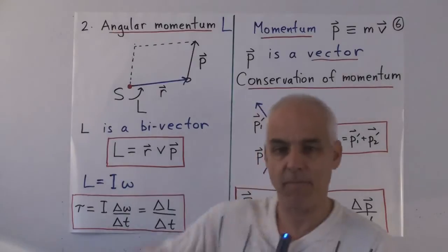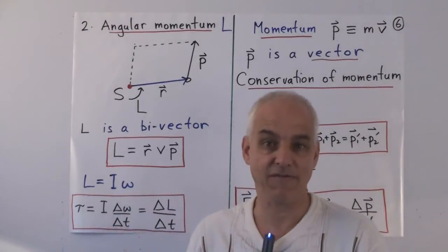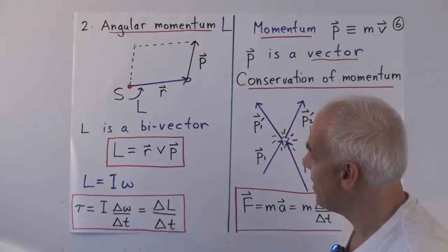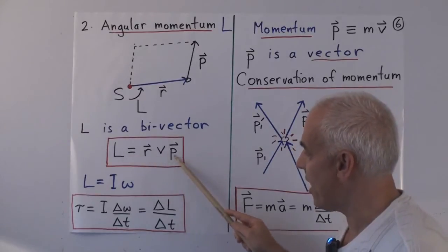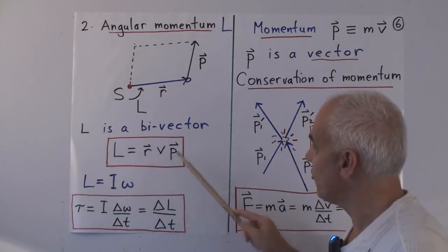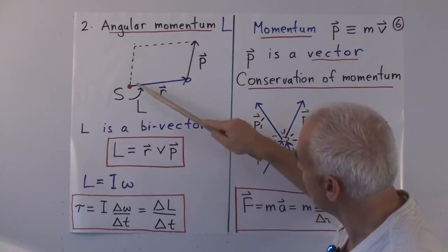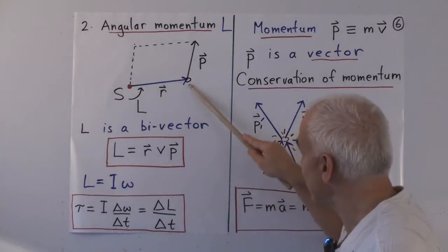This is a kind of momentum that's measured around the center, a rotational variant of this linear momentum. It's usually denoted L, and it's also represented in physics by a bivector, r wedge p. In other words, it's really a quantity that depends on the area of this parallelogram rather than on the individual vectors r and p.